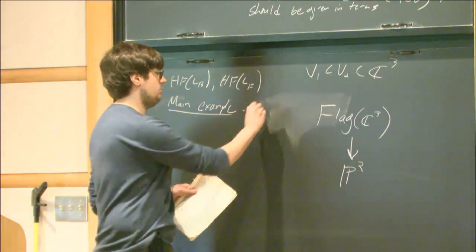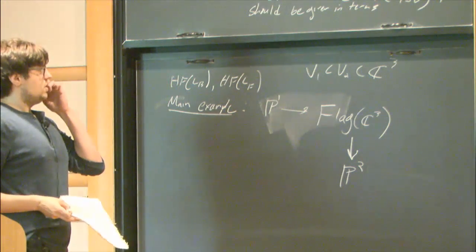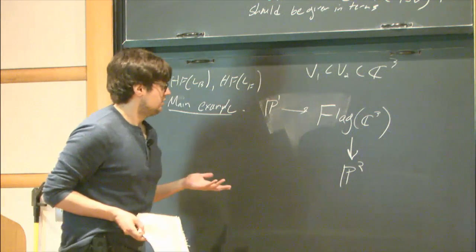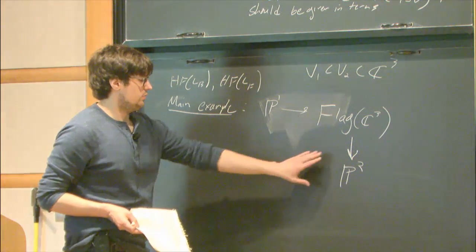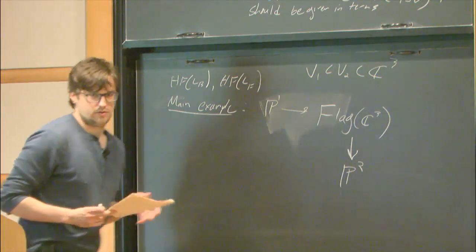The fiber is going to be P^1. This is sort of the nicest possible situation, where if we pick the right Lagrangian, it's going to be monotone.